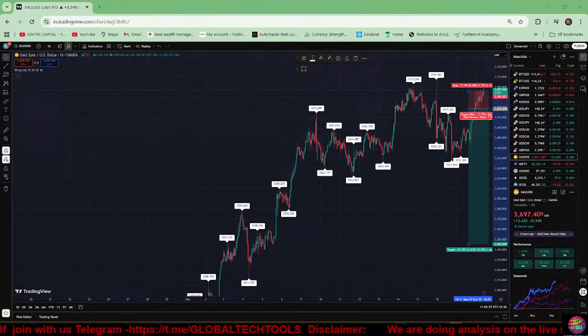Now I want you to remember, it is impossible to have a bullish market without a higher high and higher low. And it is impossible to have a bearish market without lower lows and lower highs.